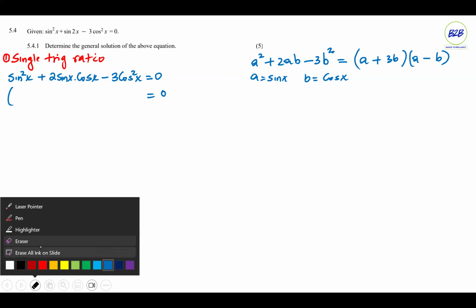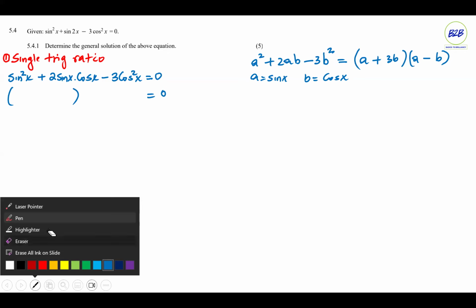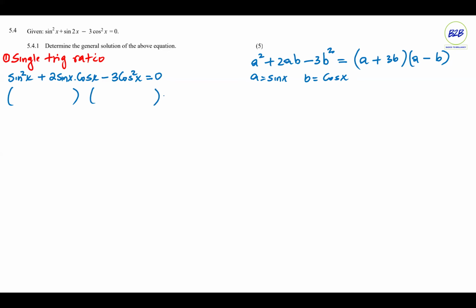I think I need bigger brackets. Let's extend, I need the bigger space. So sine squared x, the factors for that are sine x and sine x, as we did with a squared. And then the last term is 3 cos squared x. The factors for that would be 3 cos x times cos x.